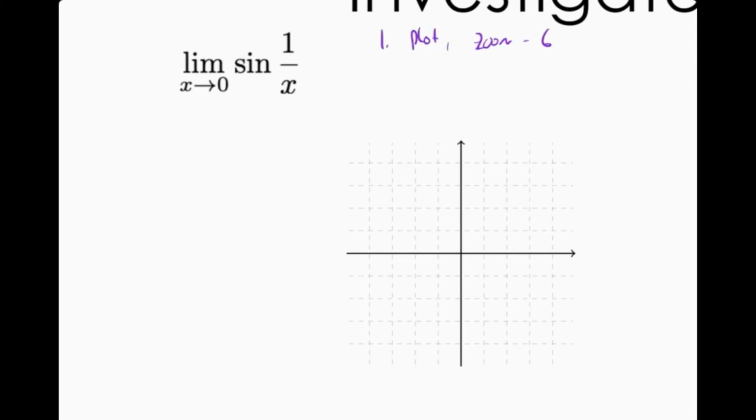And you should get something that looks approximately like this. It's kind of unclear what's going on there. And I think many people at this point would say, yeah, that limit exists and it's probably 0. But I'm feeling a little uncomfortable with what my calculator drew around that point.